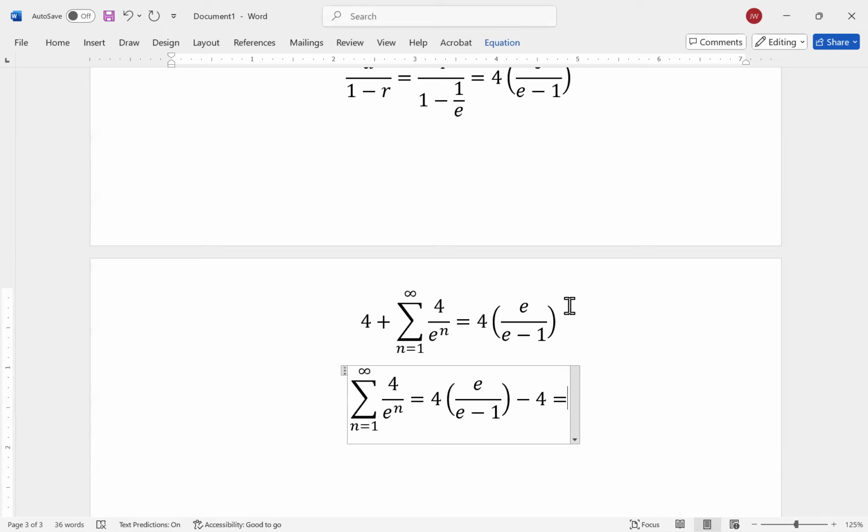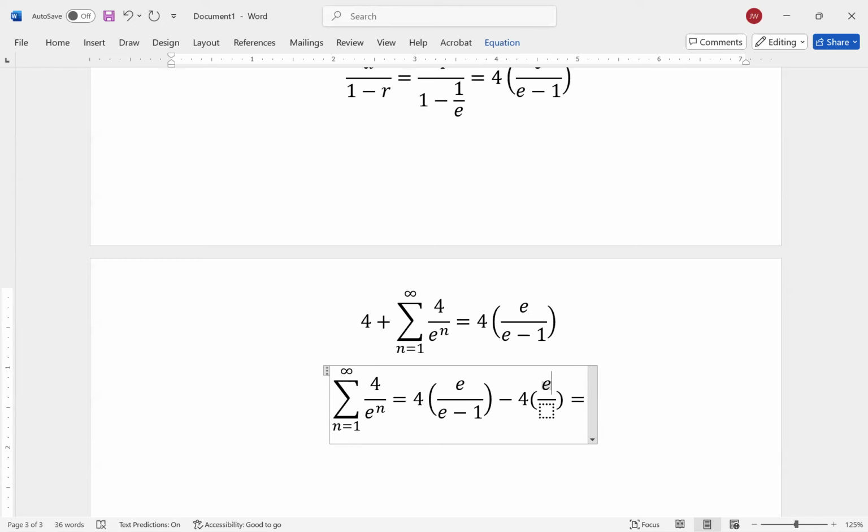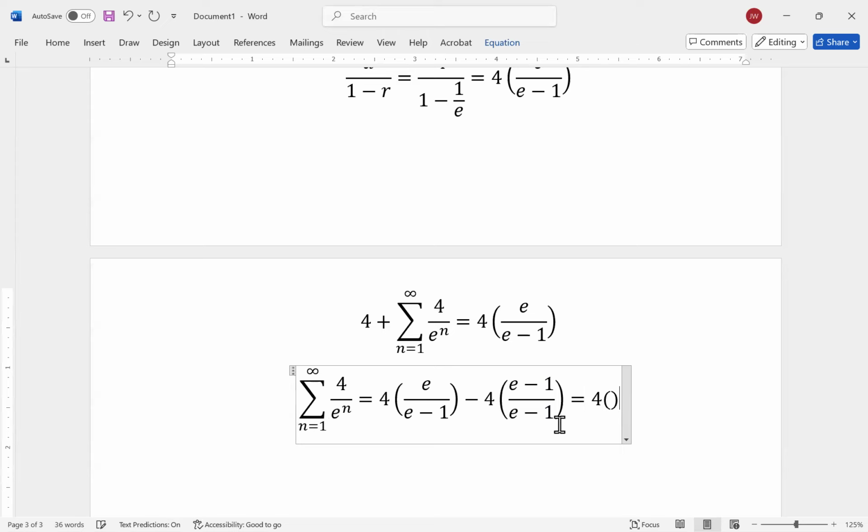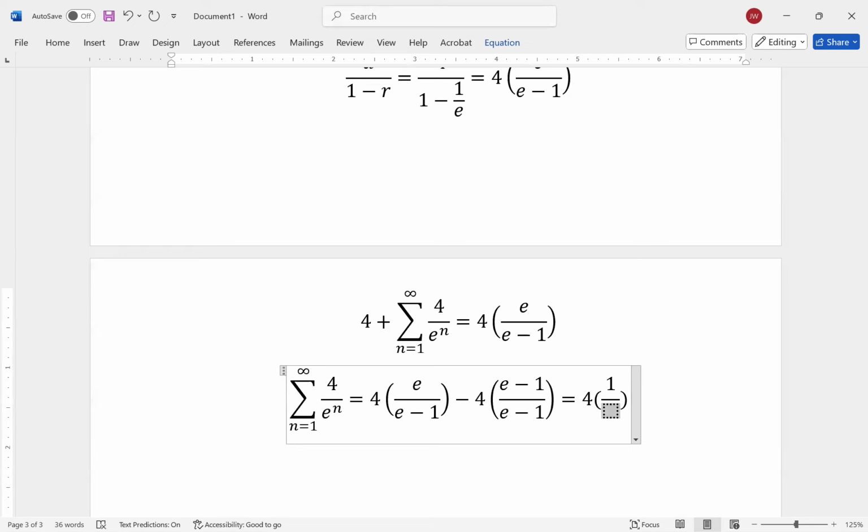And if you rewrite that, this would be like 4 times e minus 1 over e minus 1. So if I subtract that, I actually get 4 times 1 over e minus 1.